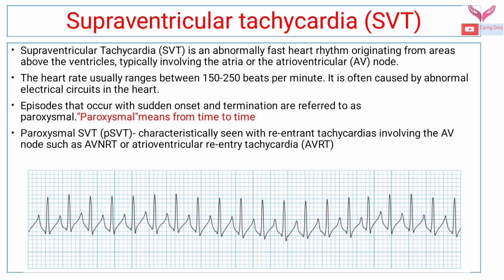Episodes that occur with sudden onset and terminate are referred to as paroxysmal. Paroxysmal means from time to time. So pSVT is commonly seen in reentrant tachycardia involving the AV node, such as AVNRT or atrioventricular reentry tachycardia.